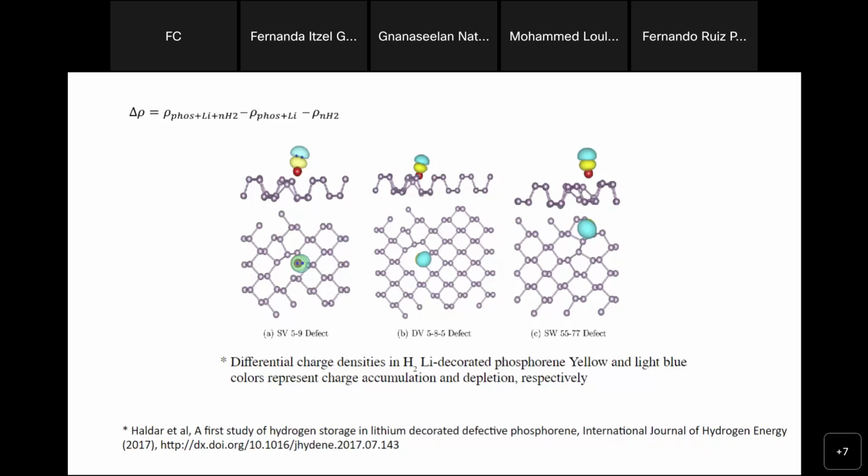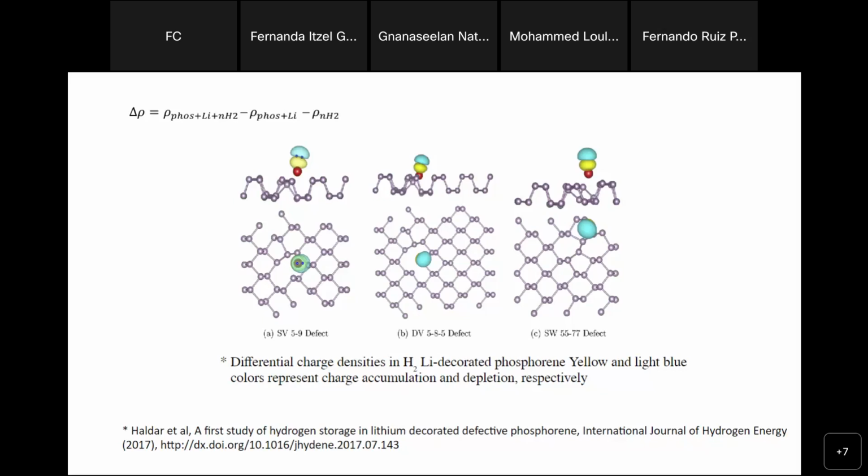As we can see, there are two regions of accumulation and depletion of charge on either side of the hydrogen molecules. So there is a strong polarization of the hydrogen molecules.